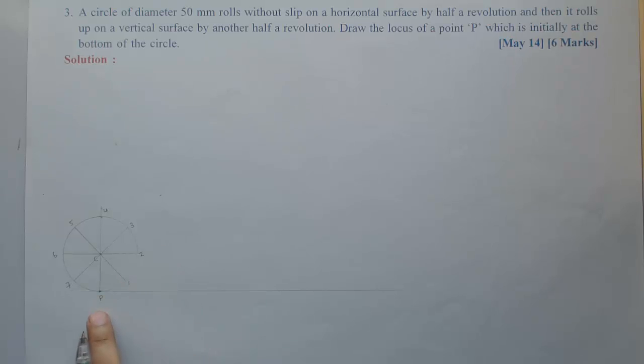Now on the horizontal surface the circle is going to roll for half a revolution only. So I'm going to mark only half of the circumference length. If I calculate pi d, that is the total circumference, which will be 50 into 3.14, which gives me 157, and if I divide by 2, I'll get 78.5.